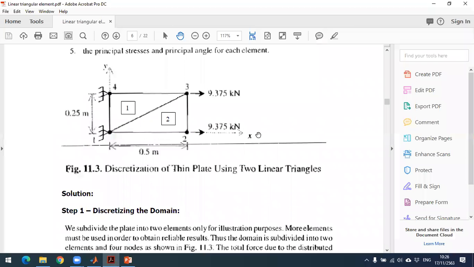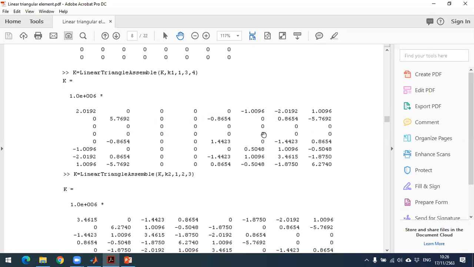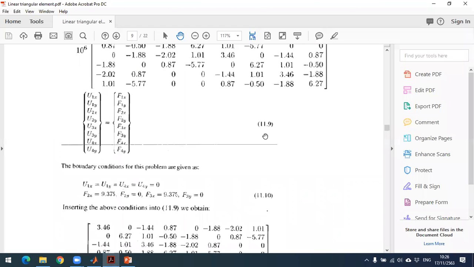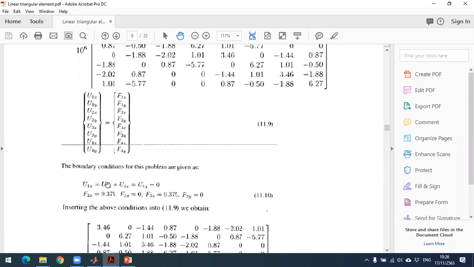According to this, we apply the boundary condition: u1x, u1y, u4x, u4y are equal to 0. And the applied nodal force, as we already determined, is equal to 9.375 at node 2 and node 3 in x direction.